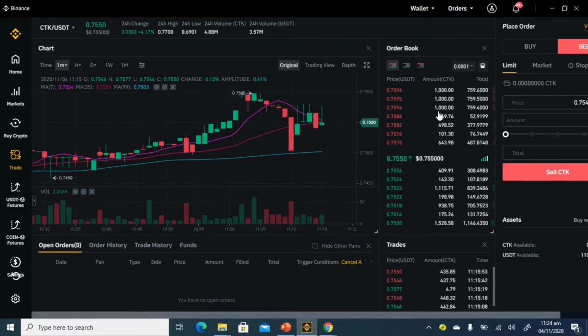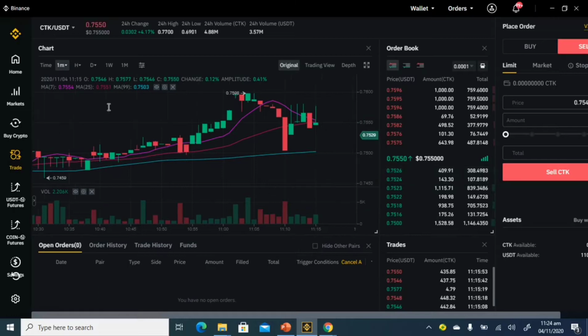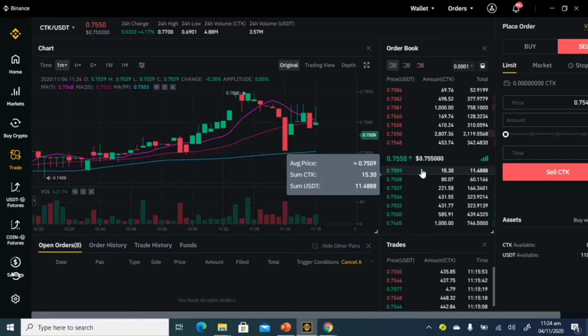Okay, they want to sell their CTK and receive USDT. That's this portion. This part here, you see all this green people who want to buy CTK with USDT. So they have USDT and they want to buy this coin CTK using USDT. That's what this portion of the order book contains. Let's take this one for example. Here there is an order to buy 15.3 CTK.